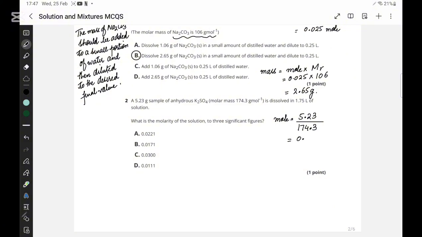So that comes out to be 0.03 moles. Then we have to find the molarity. The formula of molarity is moles divided by volume in liters. Mole is 0.03, liter is 1.75, and that comes out to be 0.0171. So our option is B.